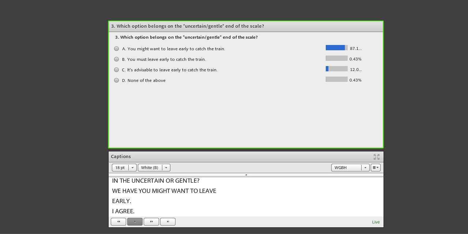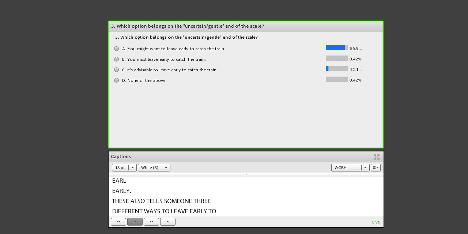It's advisable to leave early is also more gentle than the second option, you must leave early. And this also shows these three different ways of telling someone to leave early to catch the train. You would tell someone how to catch the train in different ways depending on your relationship to them.